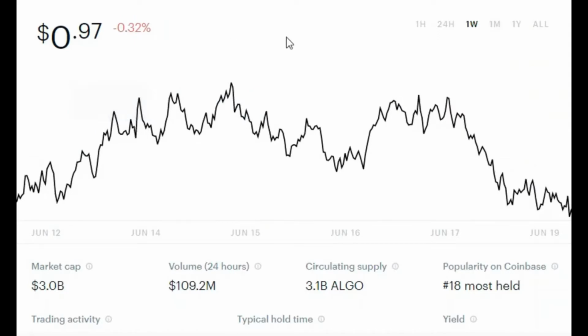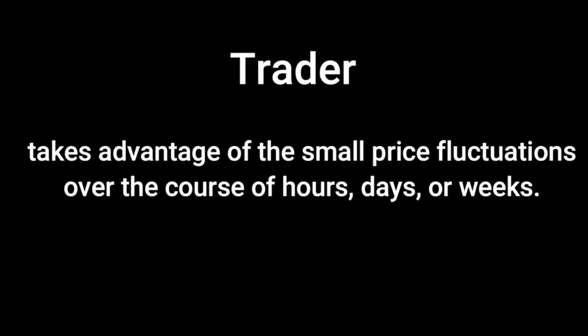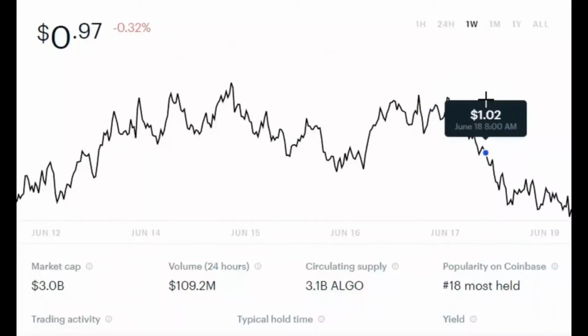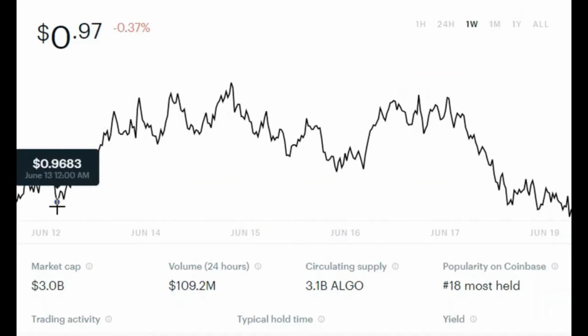But the trader, on the other hand, has the opportunity to make more. Let me show you what the opportunities look like. If you look down here on June 13th, Algorand is at 96 cents, right?